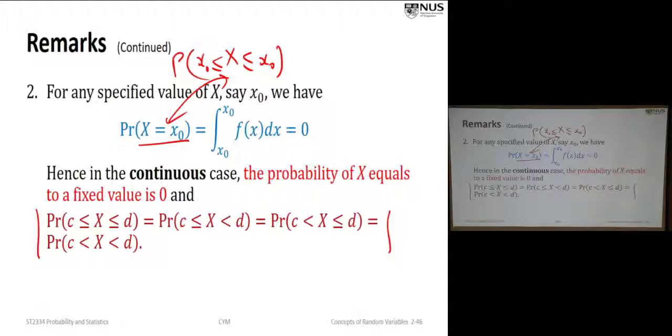You don't care whether the inequality is strict or not, less or equal, or greater or equal. All these are considered the same. This is only valid for continuous random variables. I have to stress, for continuous random variables. For discrete random variables, all this may be different.